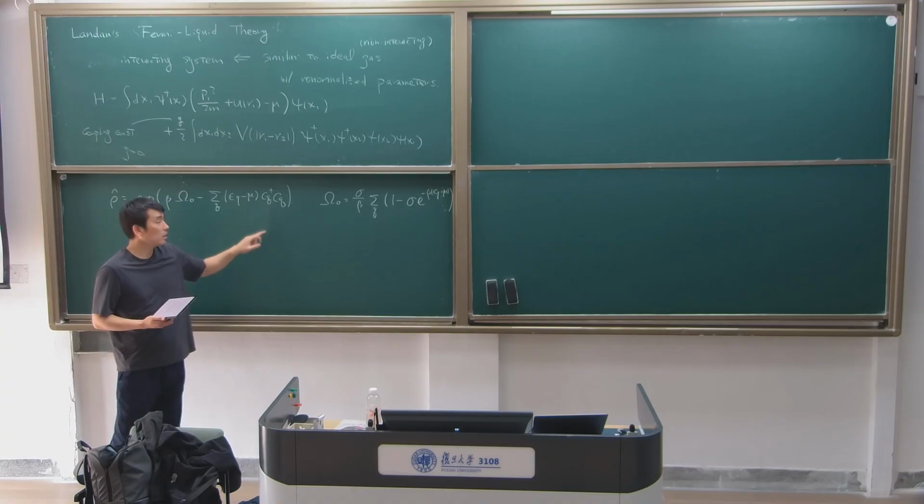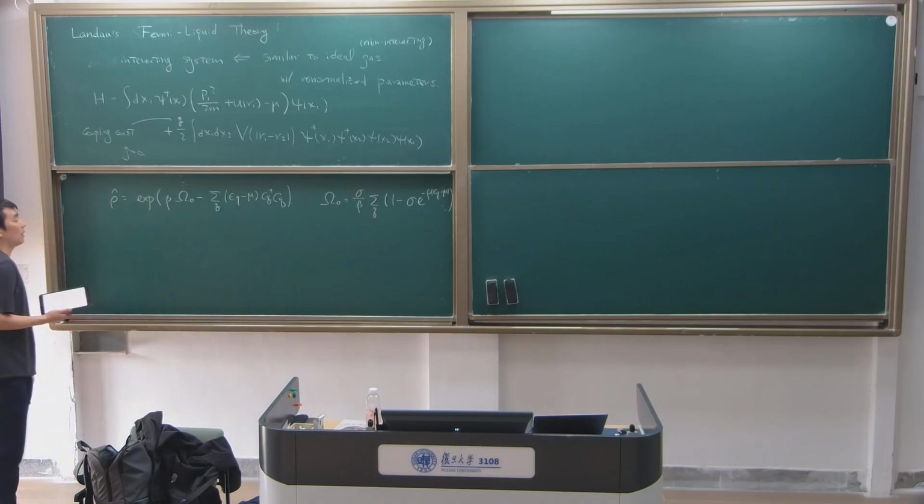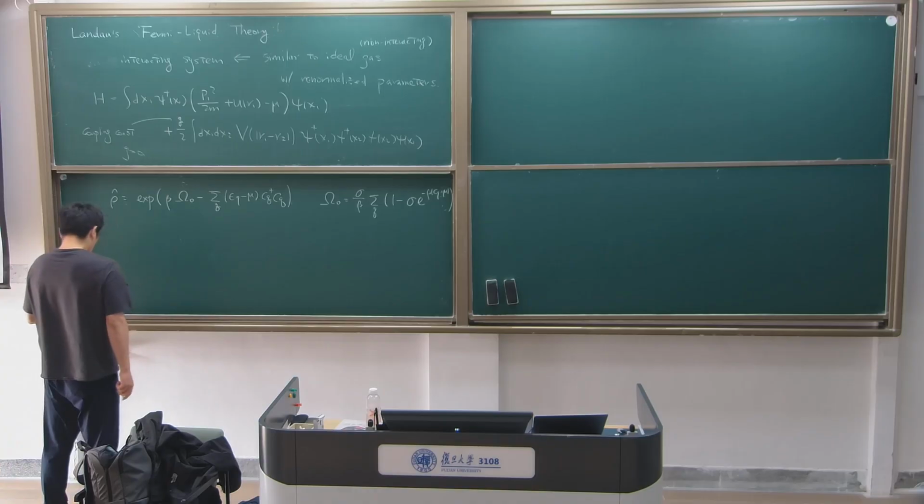So this is the grand potential, and this is the number operator, and here you just have the E_q and mu for each state. Okay.